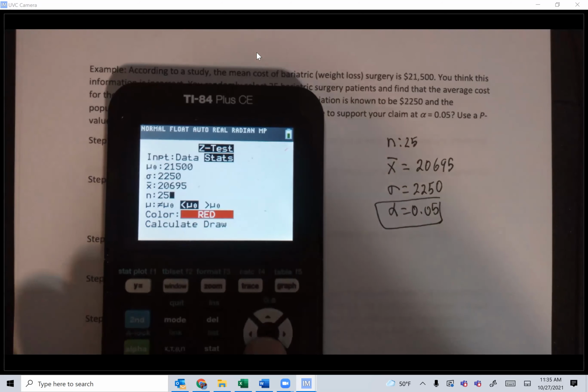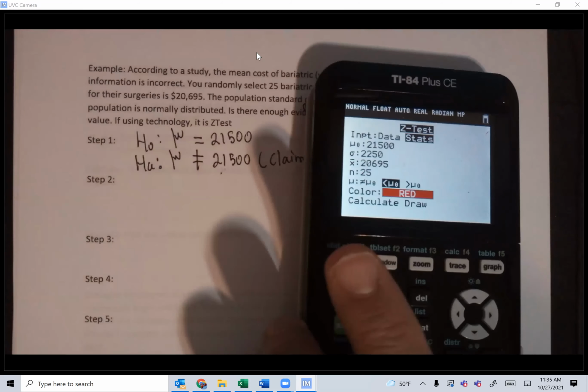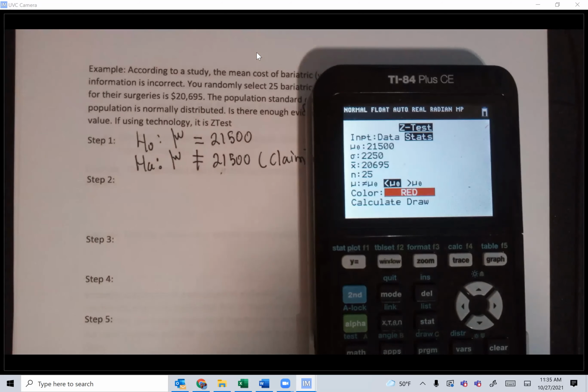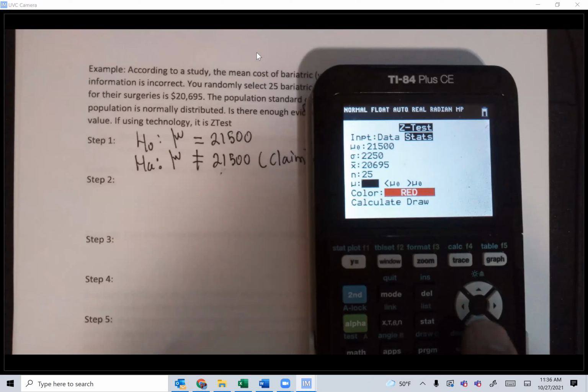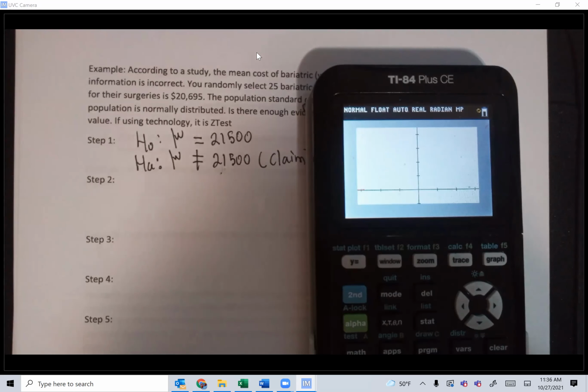And then what would be the sign here before you hit calculate? That's very important, guys, to pick the correct sign. First, second, or third? First. First, yes, I agree. And I'm going to do a draw, guys, to show you a visual of the p-value. There you go. You see, they're going to be shading on the other side too, because it's a two-tailed test.